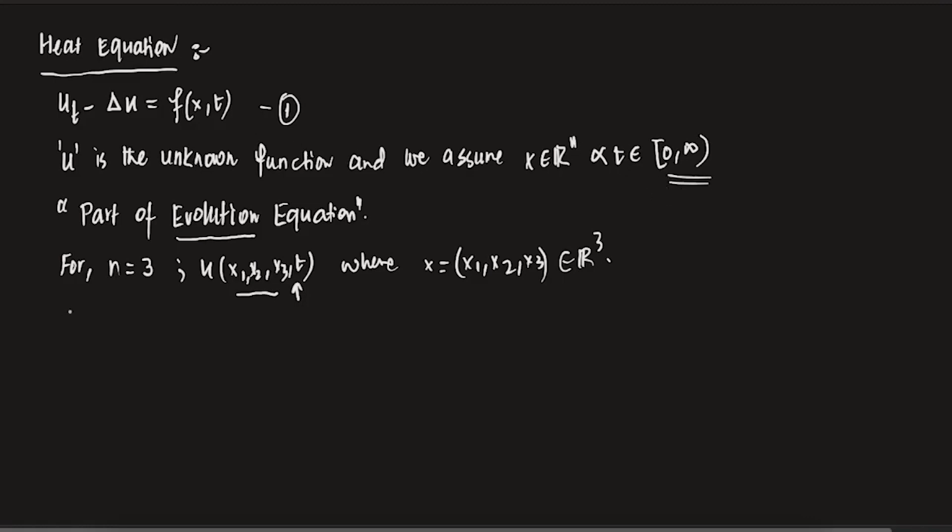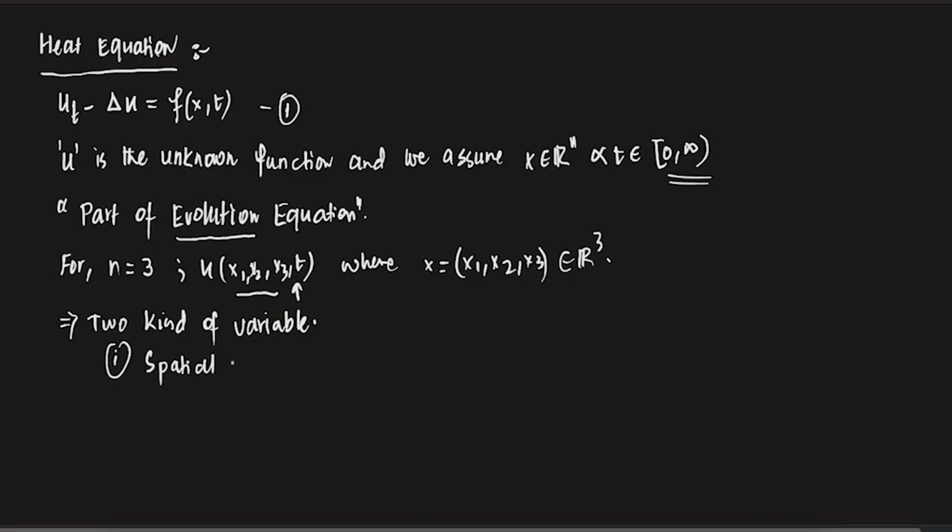So there are two kinds of variables here. Number one is called a spatial variable.